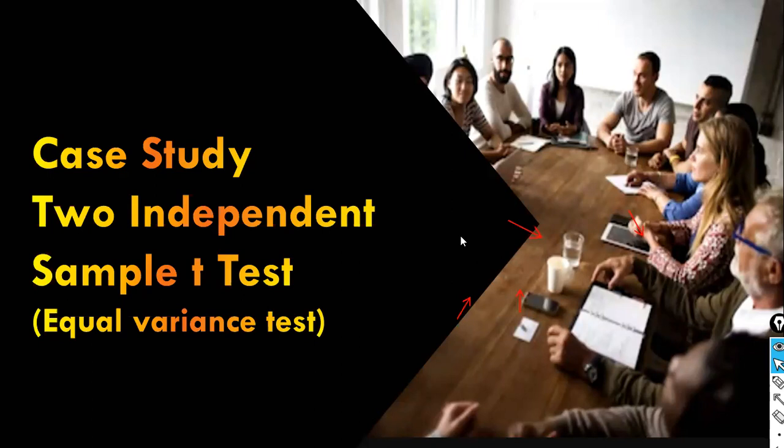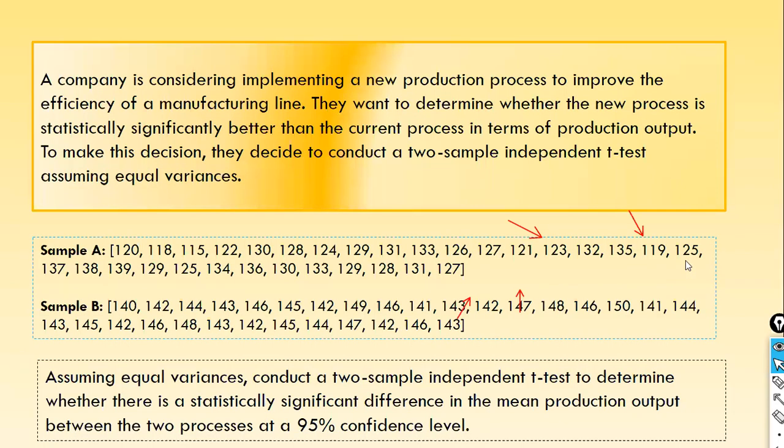We'll go ahead and take a look at an interesting two independent sample t-test, which is nothing but the equal variance t-test case study. Let's say a company is considering a new production process to improve the efficiency of the manufacturing line.